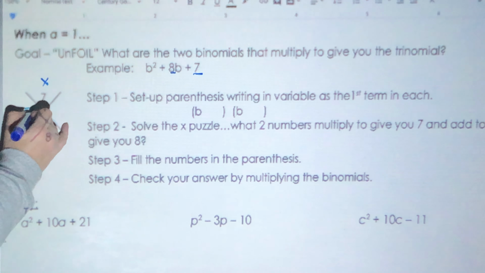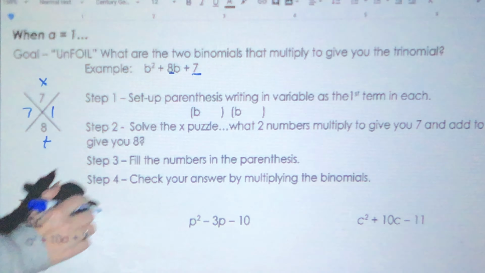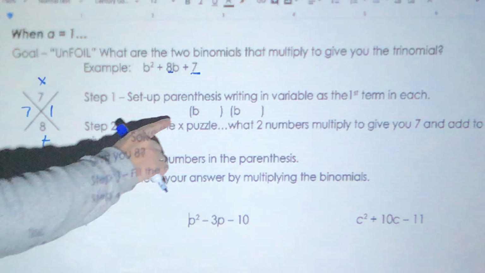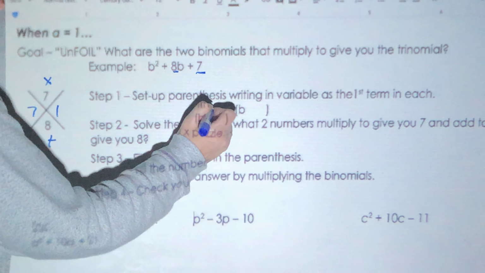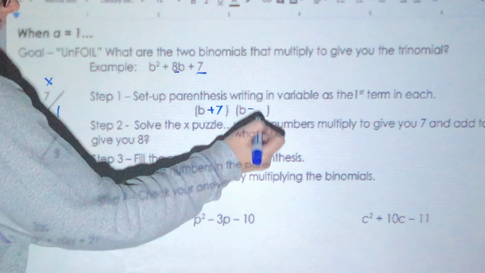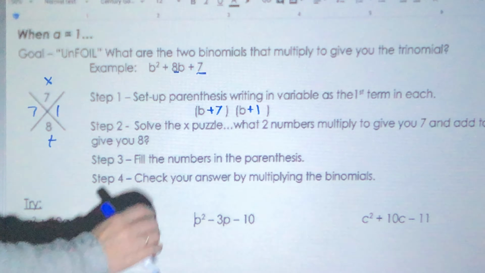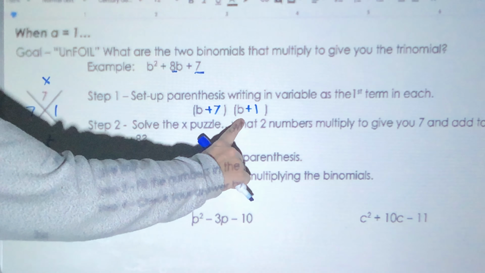Those two numbers would be 7 and 1. We're going to set up parentheses for our two binomials, and we're going to put b in each of those as our first term in each. And then the two numbers from the puzzle, the two answers from the puzzle, are going to go in after the b. So we have b plus 7, b plus 1.